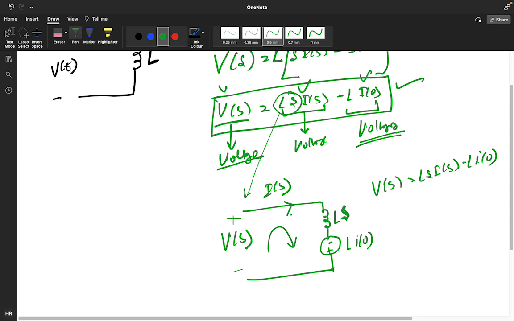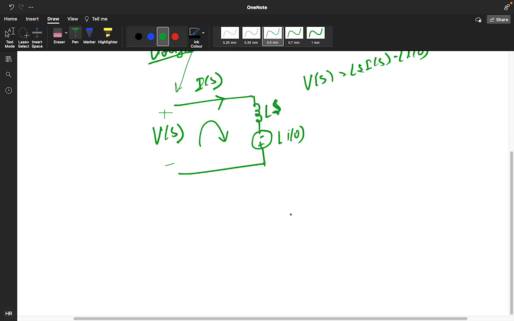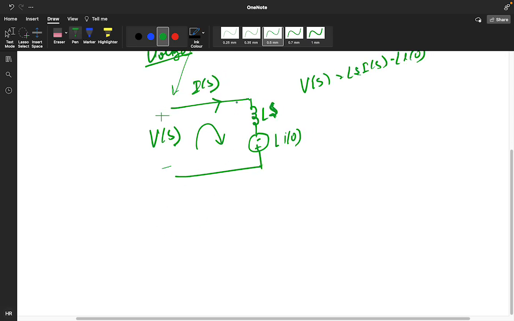And I taught you one thing, a source transformation. Assume this is your resistor, and here you are getting a voltage. So voltage and resistor can be converted into a current source. How can you do it? This is your I of S current.